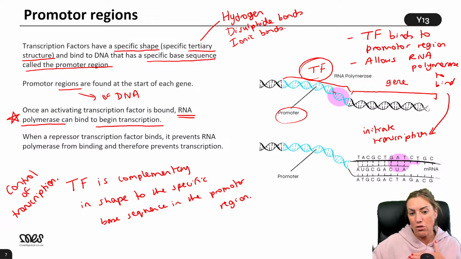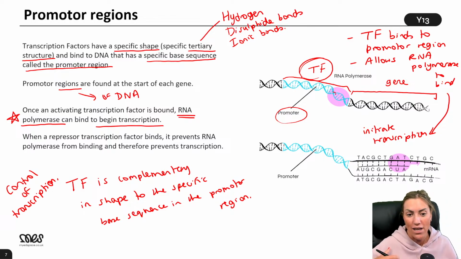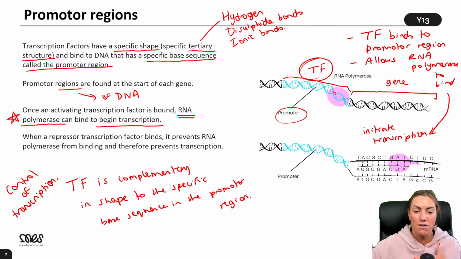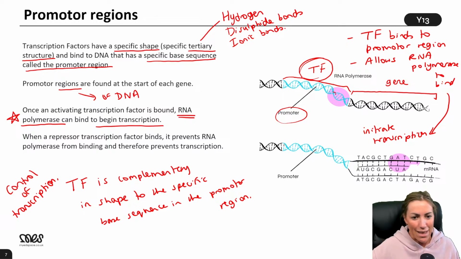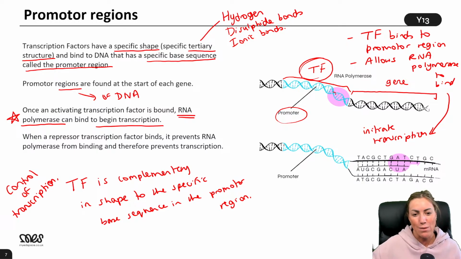If that transcription factor is not produced in that cell, you're not going to get transcription of that gene. If the cell is not making that transcription factor, then that particular gene is not going to be expressed in that cell.